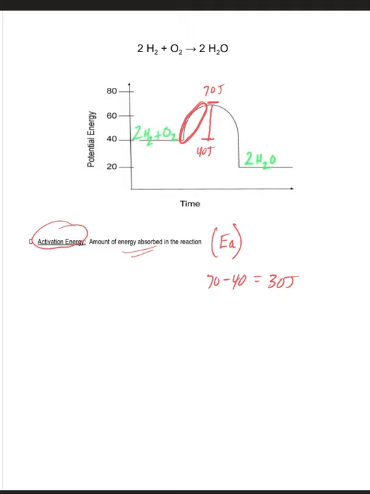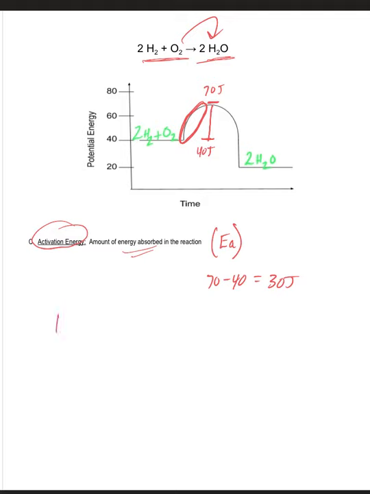But let's talk about what that actually means. These reactants here just don't magically become products. They have to absorb some amount of energy to break their bonds. Once their bonds are broken, then they can go and form the products. But the amount of energy needed to break those bonds is the amount of energy absorbed, or the activation energy.